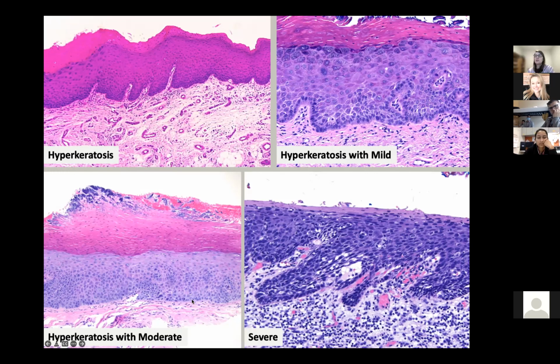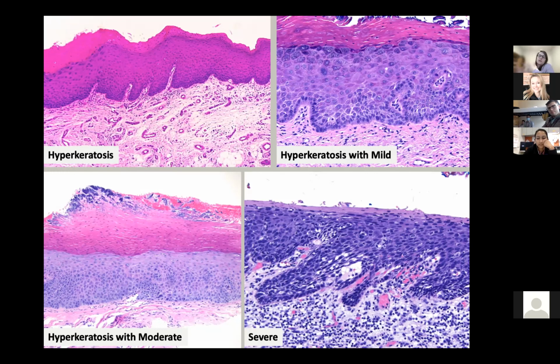Once those features of loss of polarity, increased nuclear size, variability of nuclear shape, mitoses, right? Once those start to kind of percolate up, midway up through the epithelium, we might want to call that moderate dysplasia. In this case, there's also a large hyperkeratotic plaque on top. And certainly once that process is full thickness, you may want to call it severe dysplasia, or an equivalent would be carcinoma in situ.